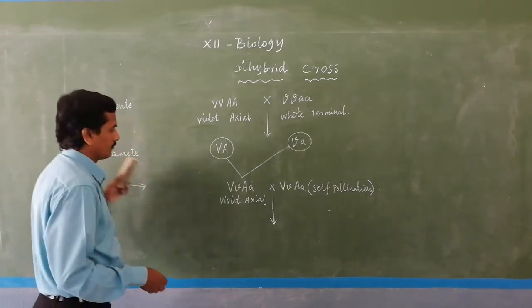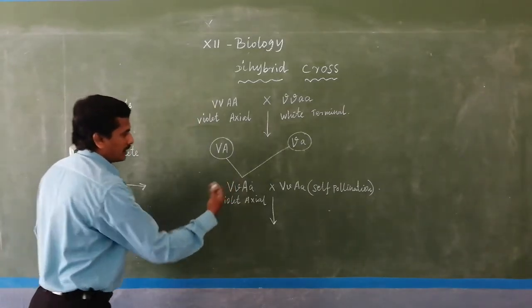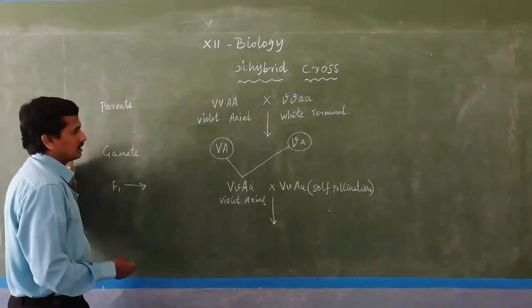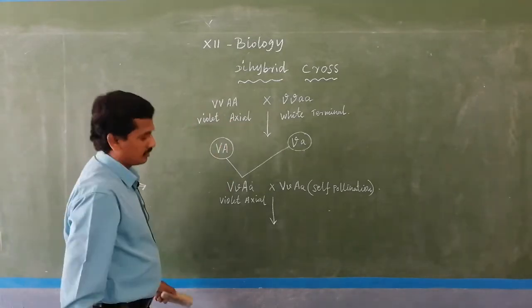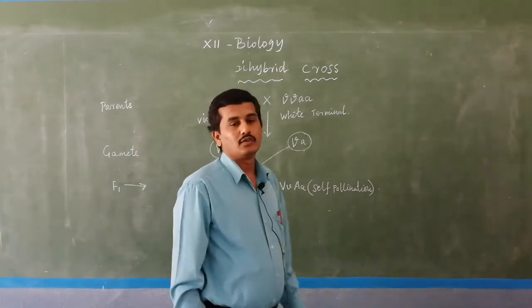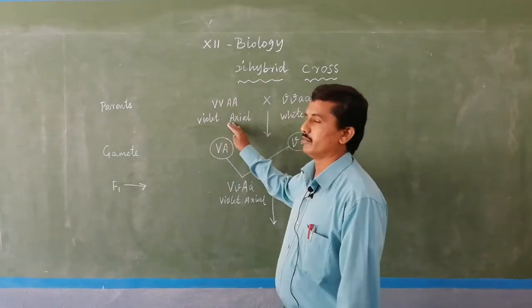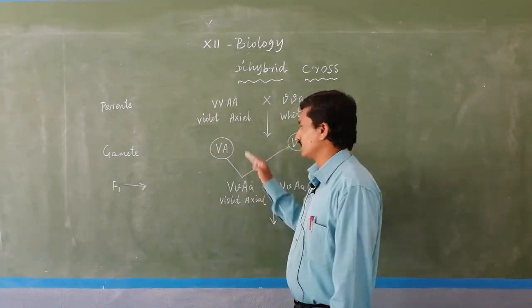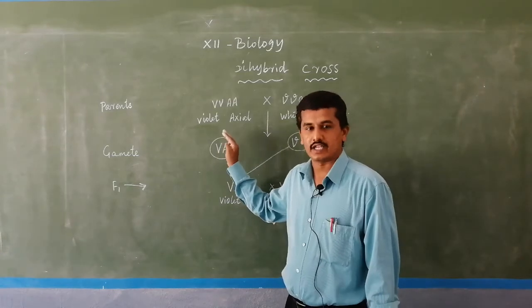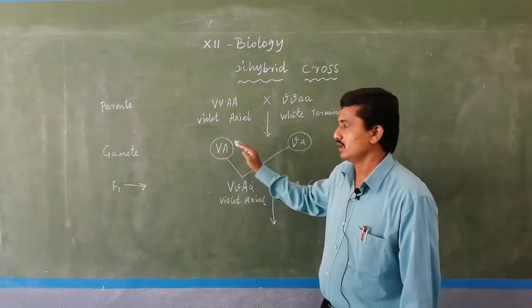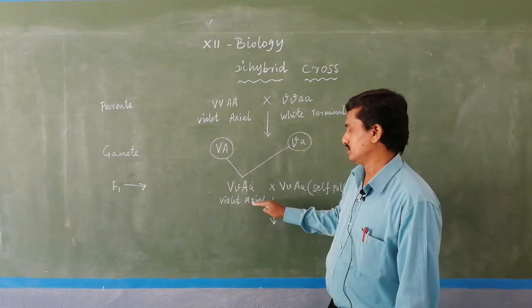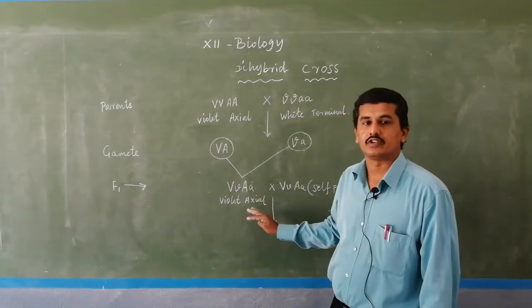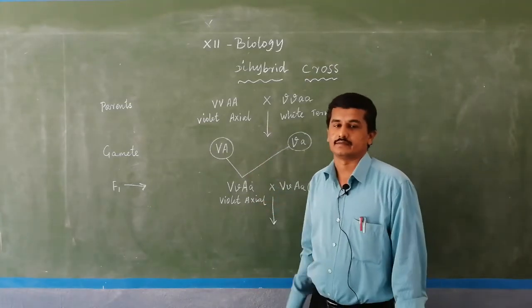Then self pollinating the violet axial plant, which one is dominant in this cross? Violet axial only is dominant, because the trait is expressed in F1 generation. The character which is expressed in F1 generation is said to be a dominant trait.